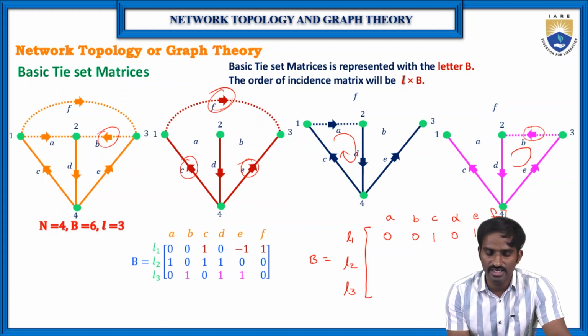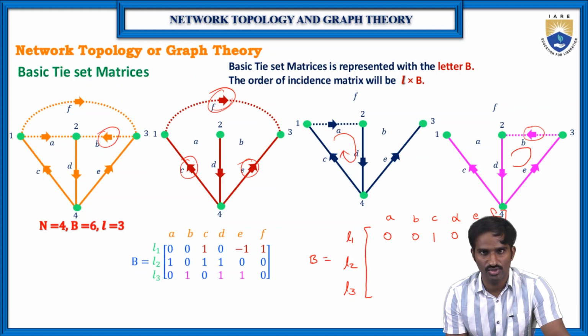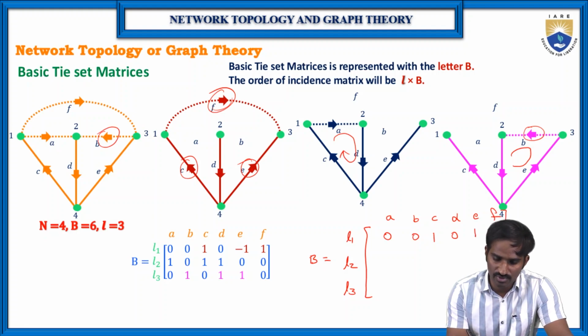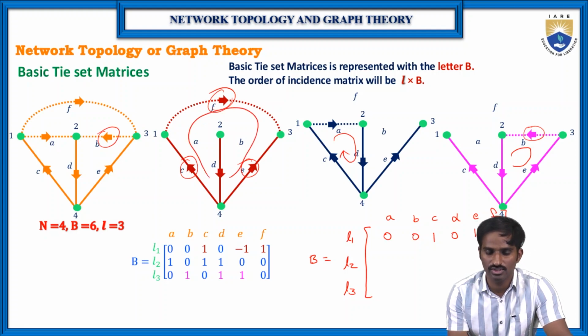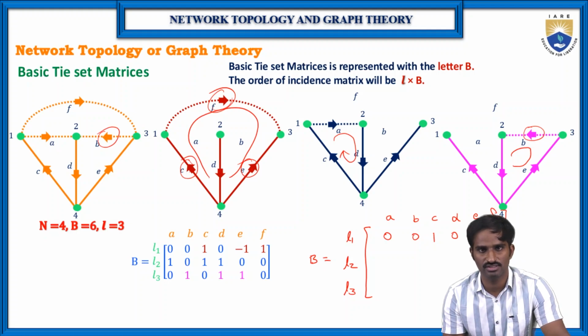If the direction of the current flowing through the branch, I mean the twig, is the same as the link, then we make it positive, and if it is opposite, then we make it negative. Here the loop is forming with these 3 branches only, so we should consider only these 3 branches, right?